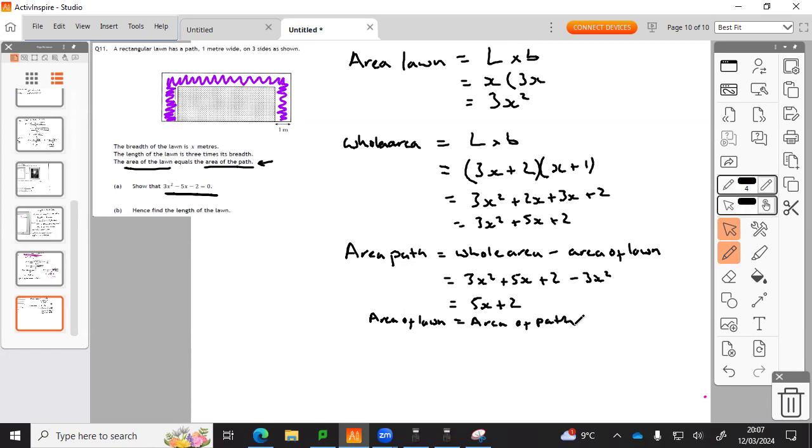Area of lawn was 3x squared. Area of path was 5x plus 2. Tidying that up, putting it all equating to 0, 3x squared minus 5x minus 2 is equal to 0. And that's us proving that part.